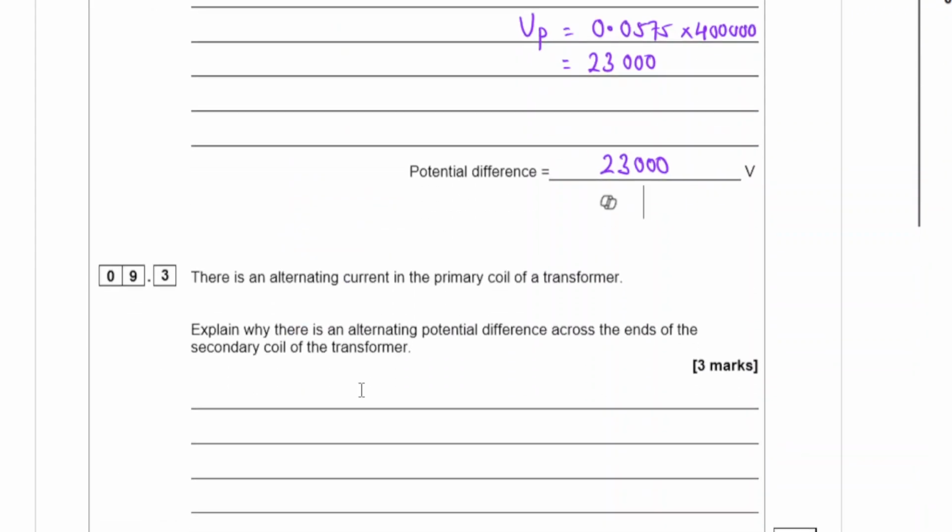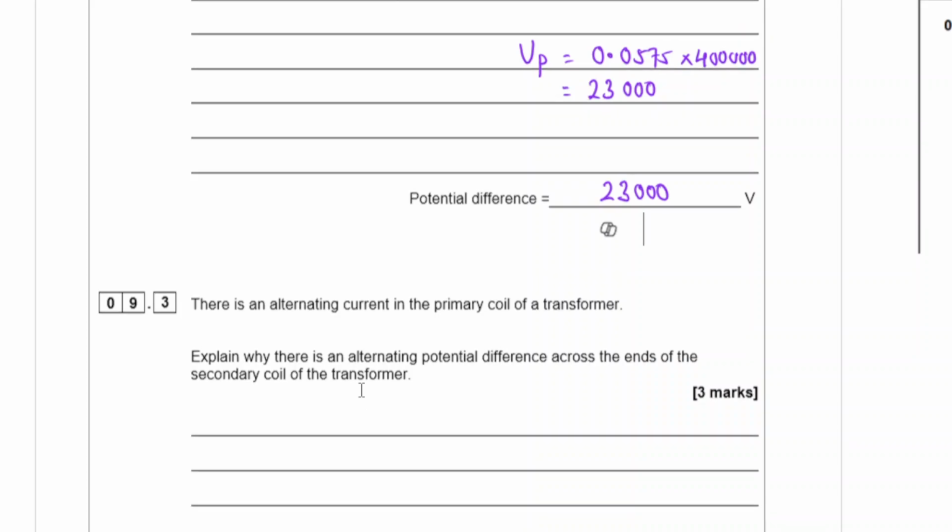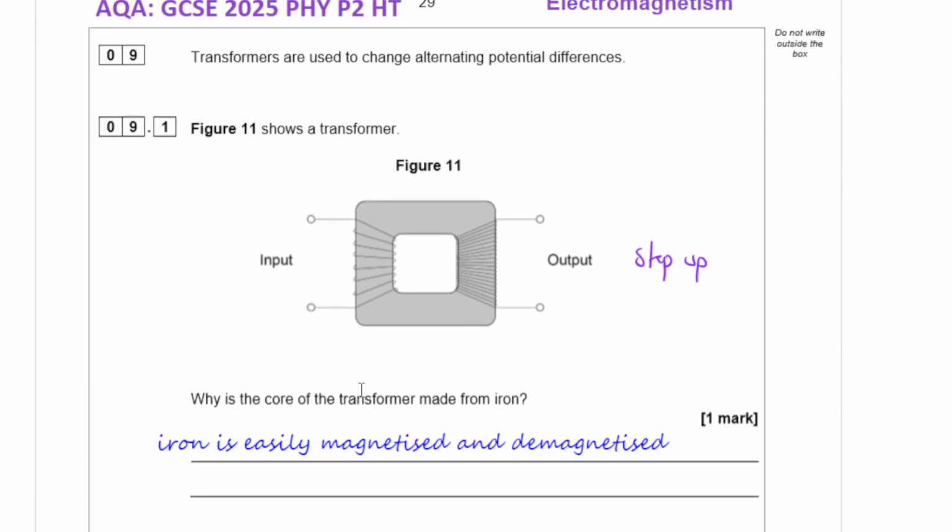There is an alternating current in the primary coil of a transformer. Explain why there is an alternating potential difference across the ends of the secondary coil in the transformer. Now, if there is an alternating current in here, that produces a magnetic field in this coil, which is also changing directions.